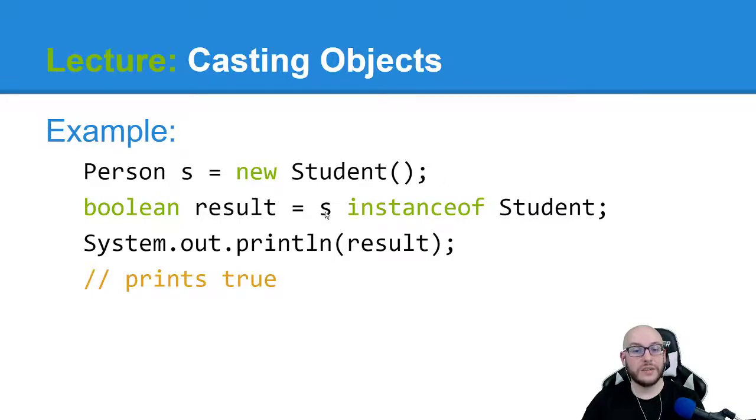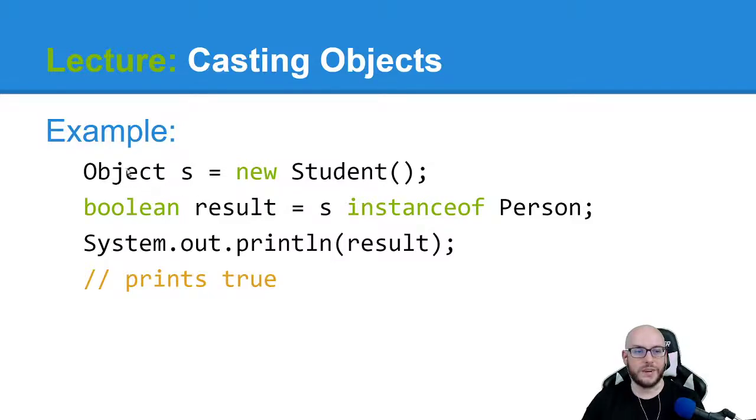Yes. Notice that if this was looking at the compile time data type, I would be asking, is person equal to or beneath student in the class hierarchy? And I would be getting a false value. So instanceof is looking at the data type of the object, this bad boy right here, the runtime data type, not the data type of the variable.